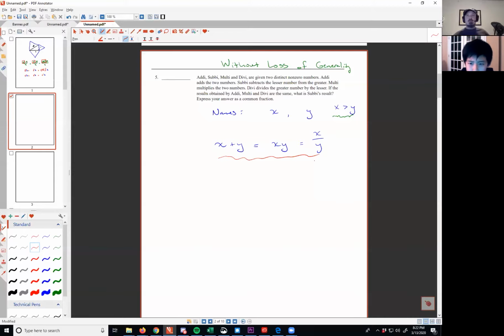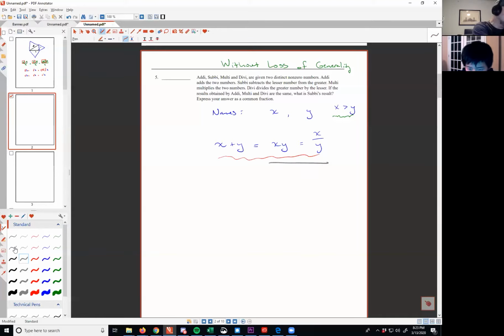So we have these three pieces. They're all equated, three expressions equated. I like to focus in on what's easiest to work with. And I think two of these three are more alike than the other one. Which two are more alike? X times y equals x divided by y.